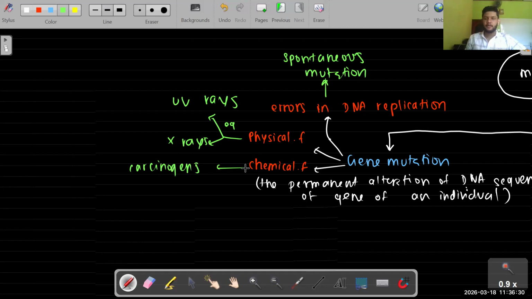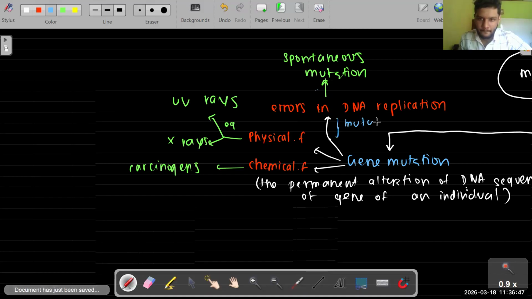That is the main idea. Now these three, errors in DNA replication, physical factors, and chemical factors, are generally called mutagens. Mutagens means mutation-causing agents.